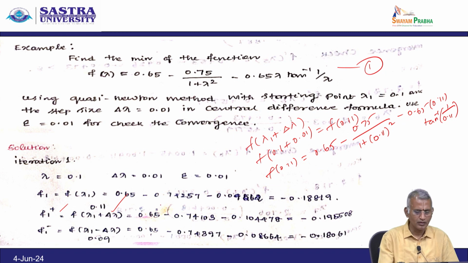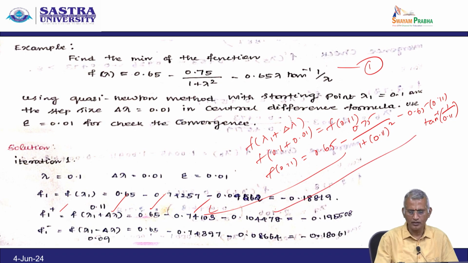So, the first one is 0.65, second simplifies to 0.74103, and the third one is 0.104478, which equals minus 0.195508.